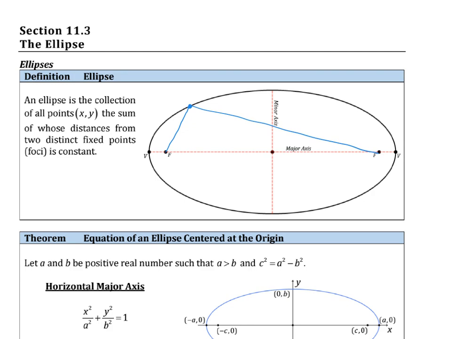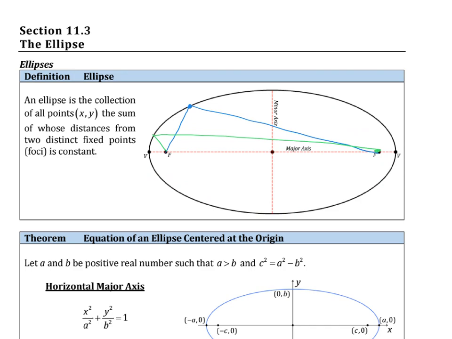So that distance in blue is the same as this distance in green. So the path from the focus to the curve to the other focus, that total distance remains the same throughout all of the points on this black curve.